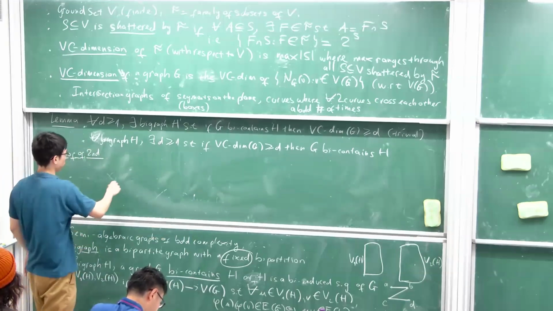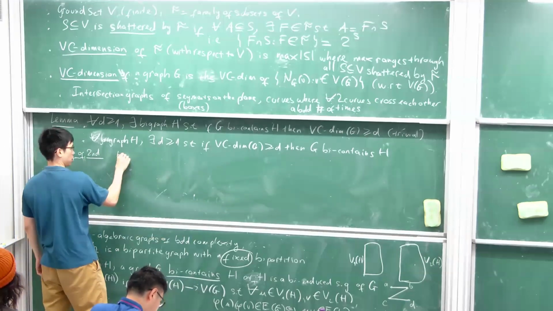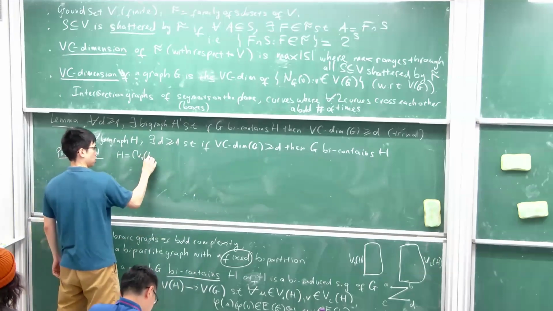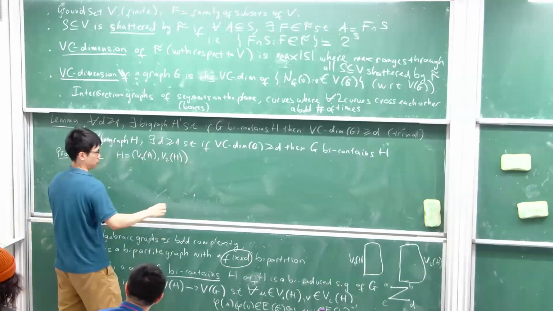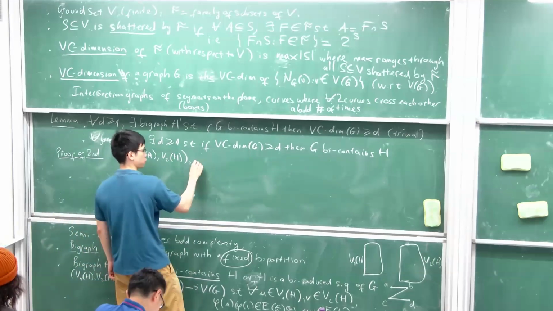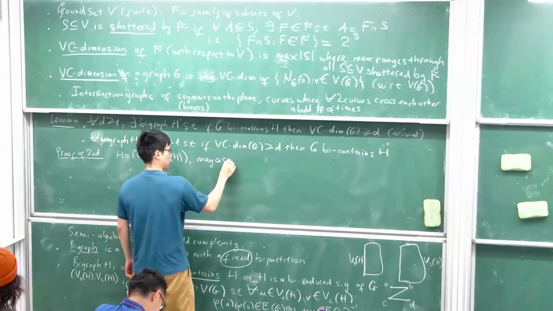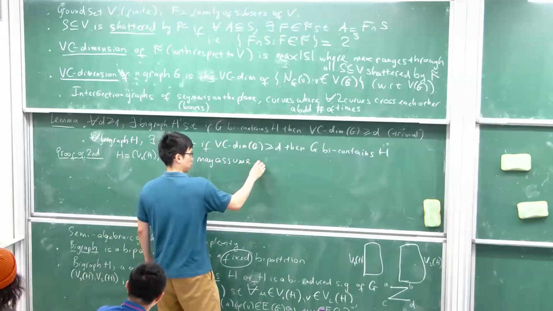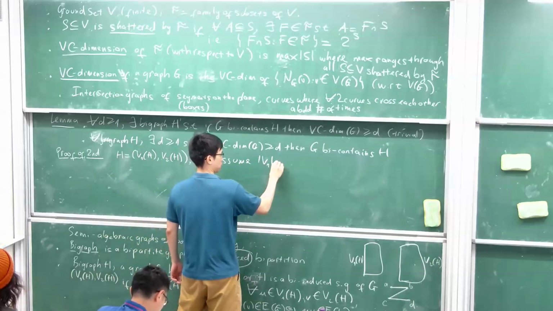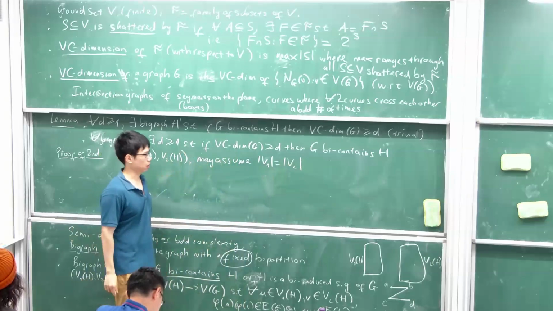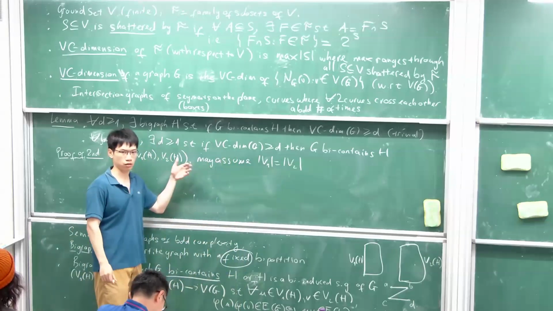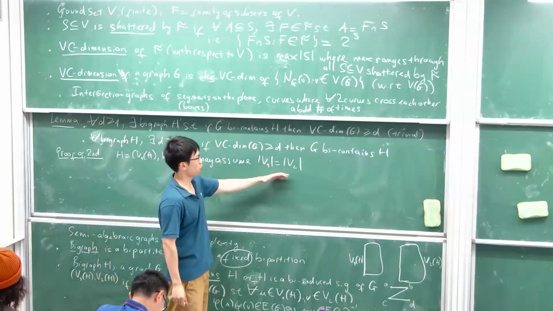So first of all, H has a partition V1 and V2. And of course, I may assume that the size of V1 is equal to the size of V2, since I can just enlarge the smaller side.